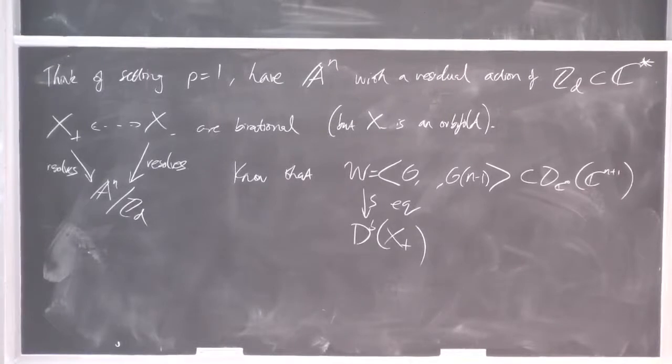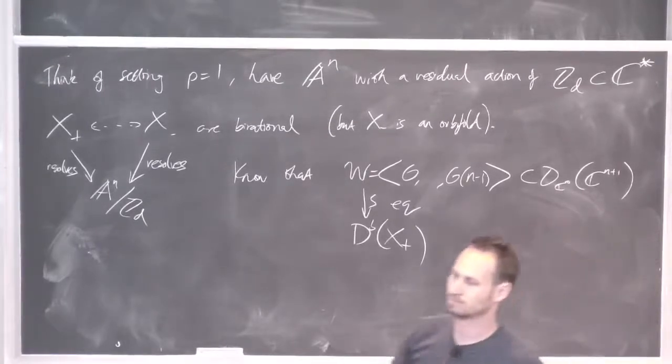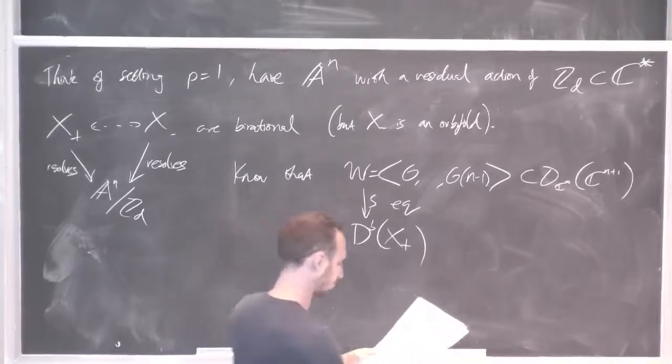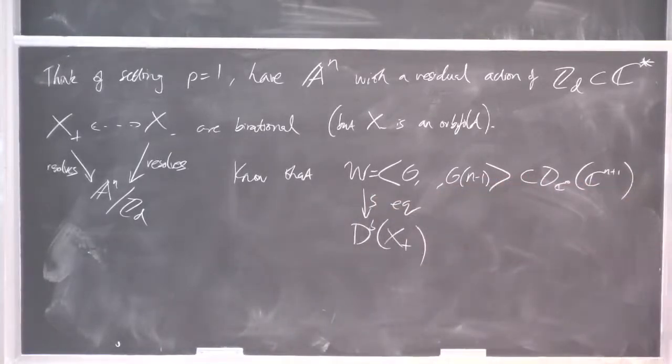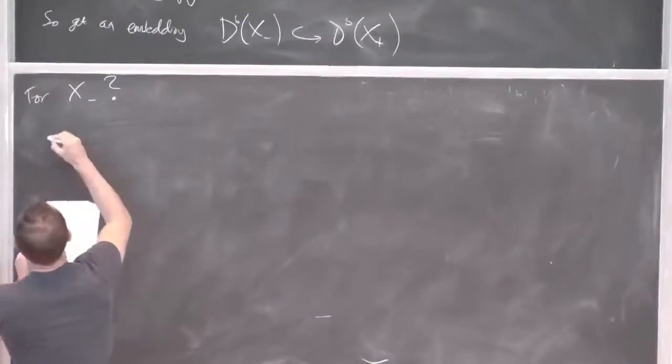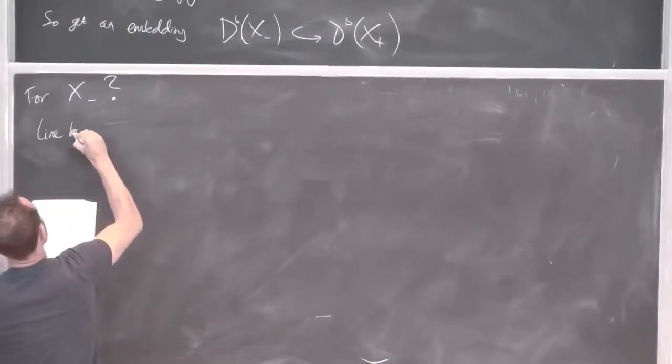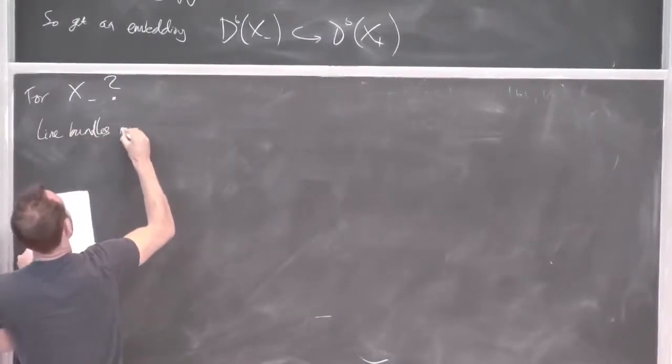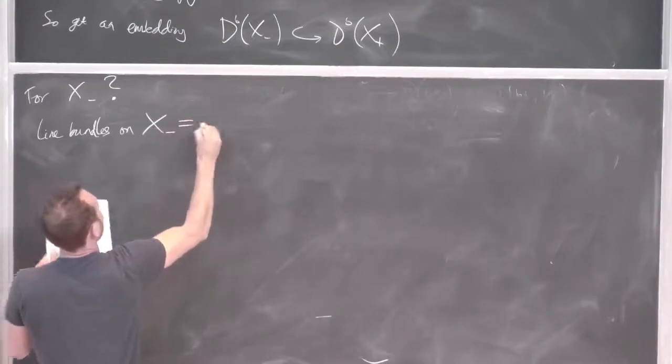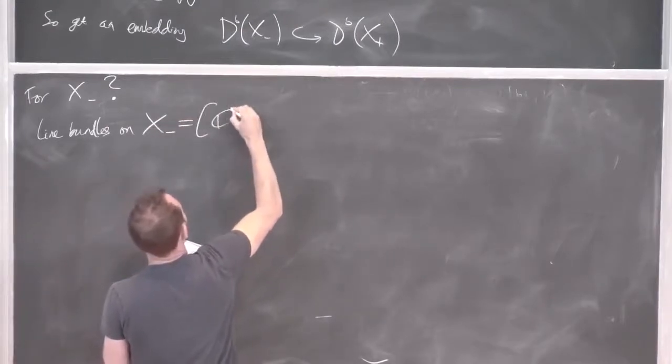So let's argue a little bit more carefully why that works. Okay, so what is a line bundle on this orbifold?